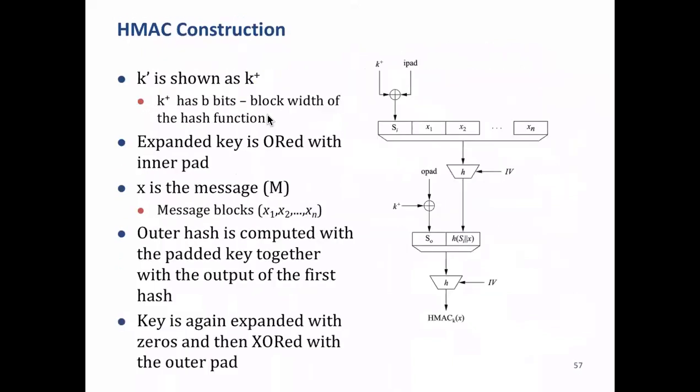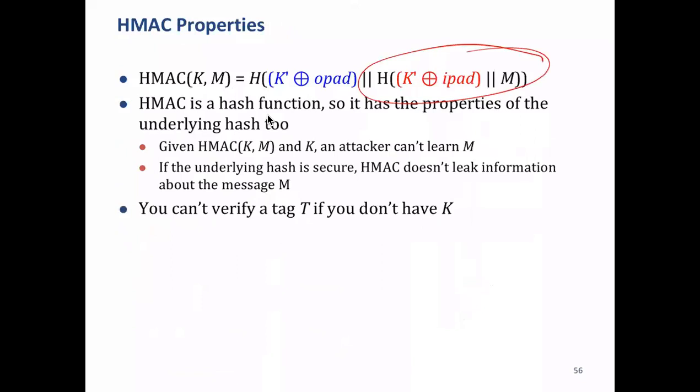So you look at this pattern 3636, and exclusive OR with k dash, here shown as k plus, though you can read this as k dash. Exclusive OR, you get this one. Pad it with m. That's what we have done here.